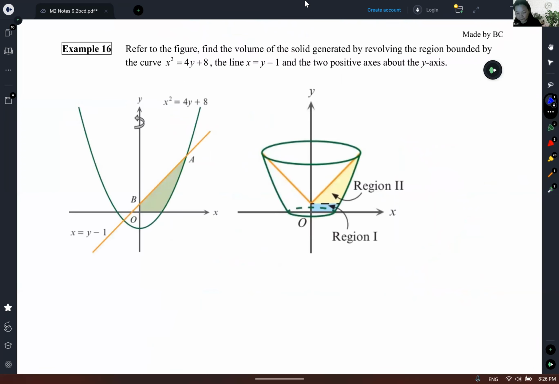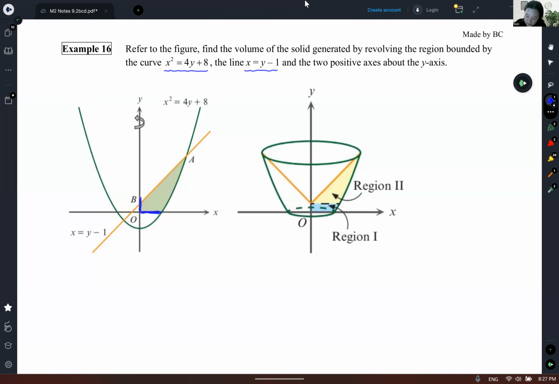Example 16. Refer to the figure. This is the area bounded by a curve, that's a parabola, and a line and the two positive axes. This is the positive y-axis, and this is the x-axis. It's very small, but you must still see them.